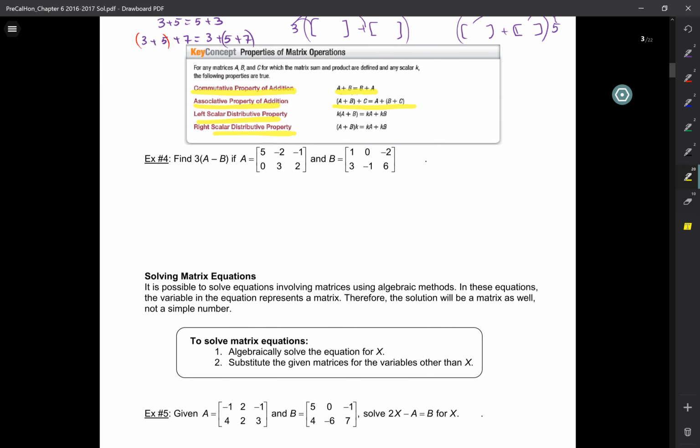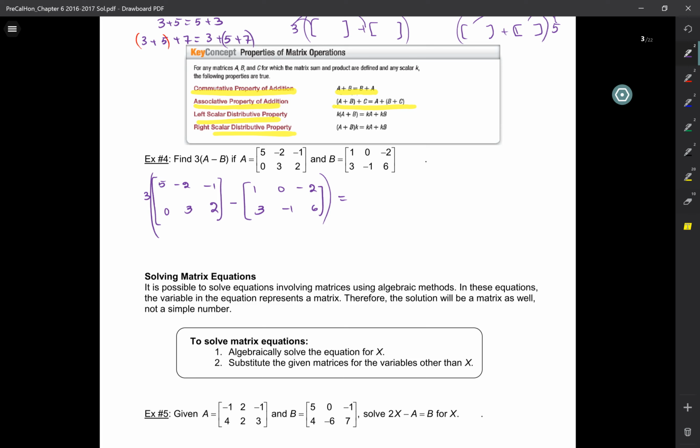All right, so let's apply this. Let's do this one. We have to do 3 times A minus B. So this is 3 times A minus B. Okay, and I can use my order of operations to do the inside of the parentheses first.